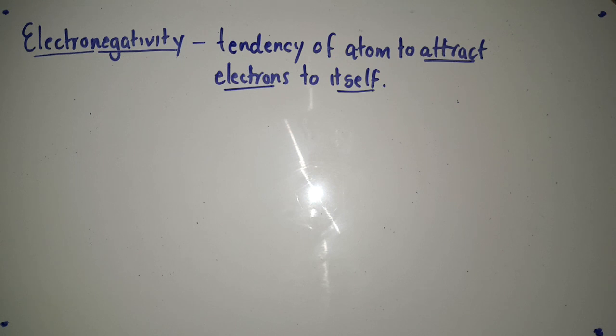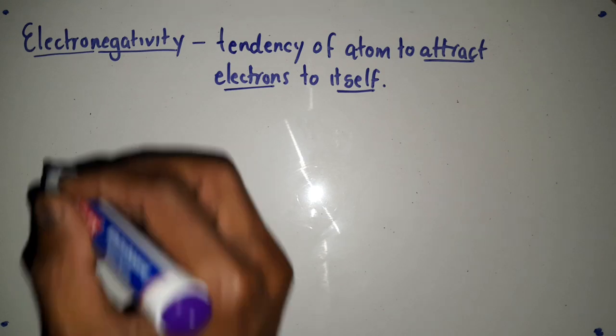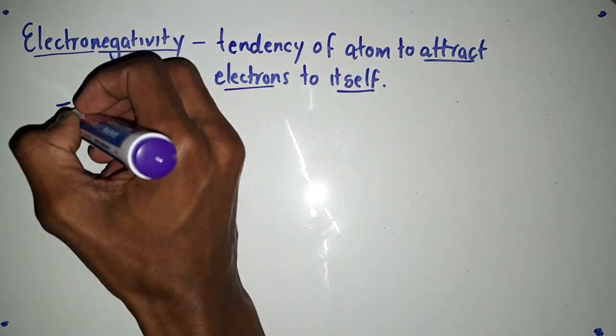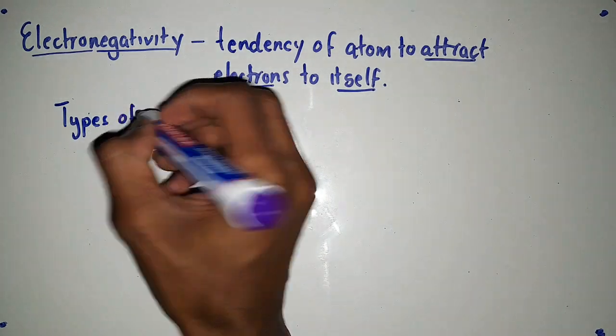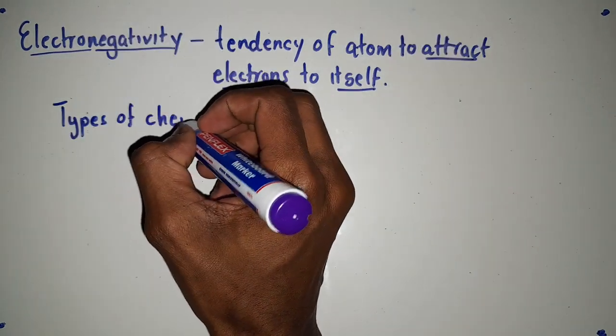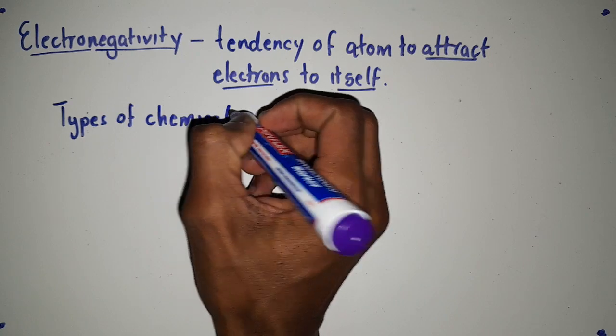Before I can proceed with this concept, as a learner, you need to understand that we have some types of chemical bonding. Let me write the types of chemical bonding. Do you still remember those?